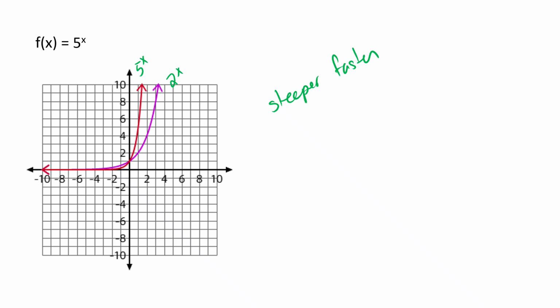Or sometimes the way I see it is if you look at that area right there, it actually seems to hang out low, because for a bit there, you can very clearly see that the 2 to the x is the bigger of the two. It starts growing earlier. But the 5 to the x, even though it starts that big explosion a little bit later, it quickly outpaces the 2 to the x.